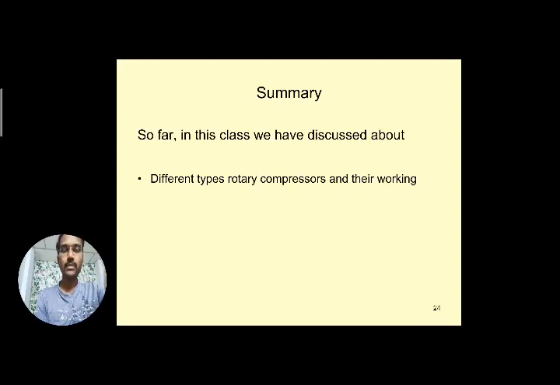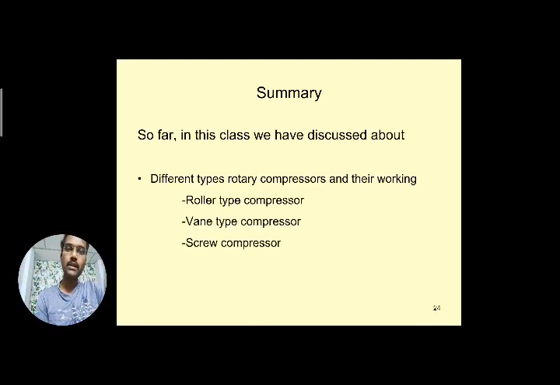The rotary motion is converted to translatory motion, and the refrigerant moves from the inlet section up to the discharge section. So these are the types: roller type, vane type, and screw compressors. Hope you understood these topics. Continuing, we saw the centrifugal compressor, used for very large capacities. These are the topics we have covered.